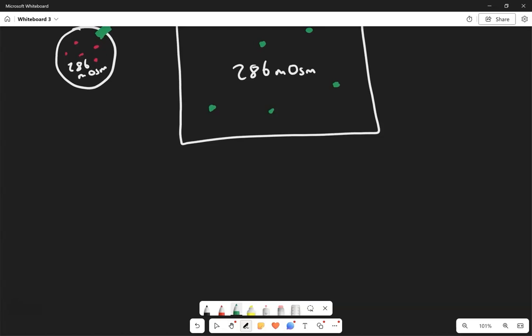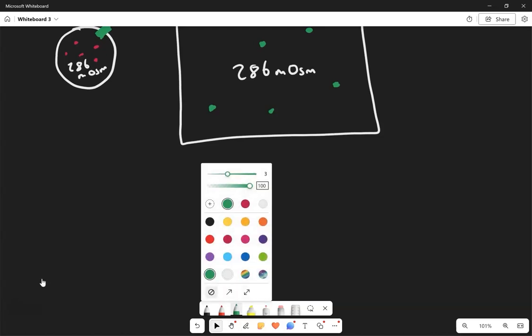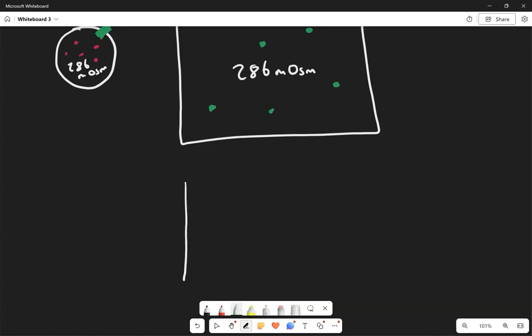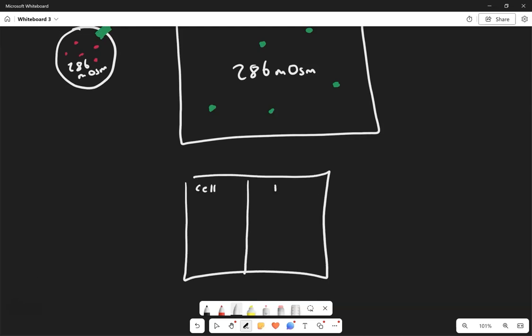If we draw this as two boxes instead of a box and a cell, we'll just call this cell and this the box. I have 286 red, and then over here I've got 286 green. But I have a green channel. Okay?